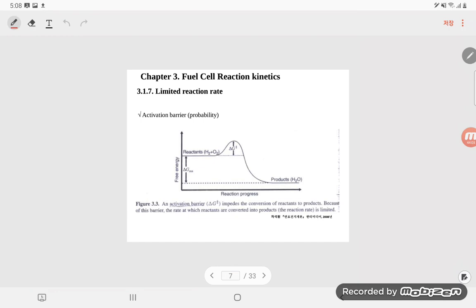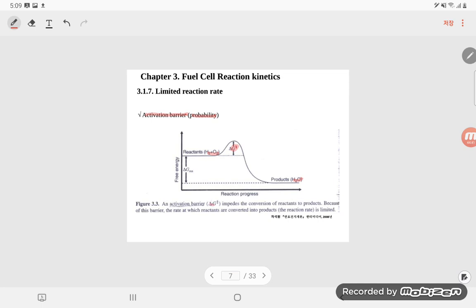Okay, that is a very good explanation for the Fermi energy level. And let's check about the limited reaction rate. There is an activation barrier, right? It is also related to the probability. To make these two reactants react to generate the product, they should overcome this activation value.